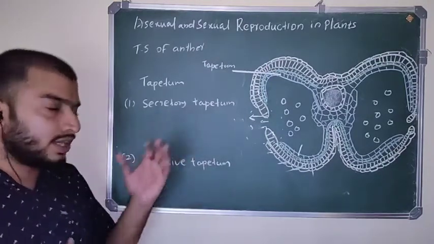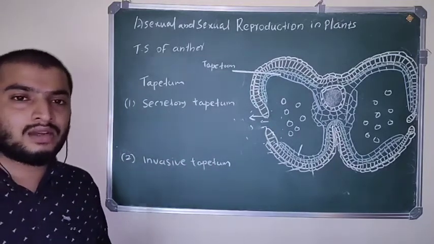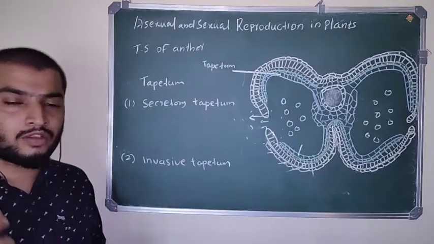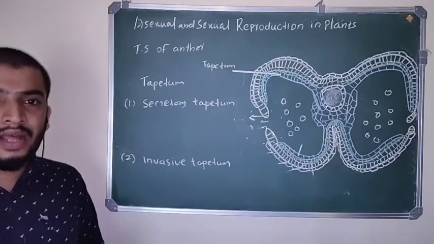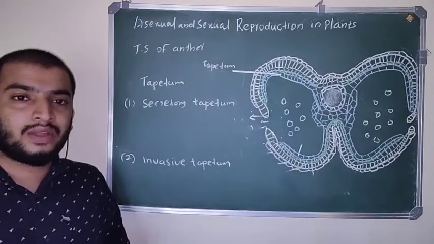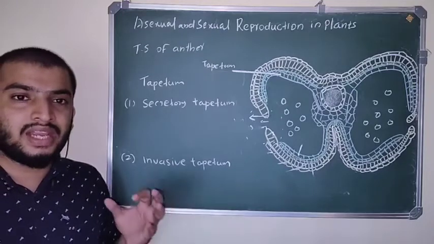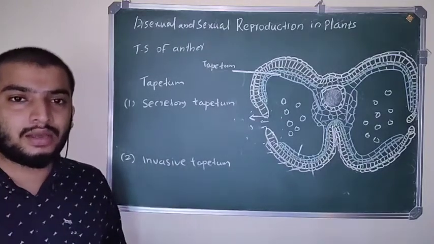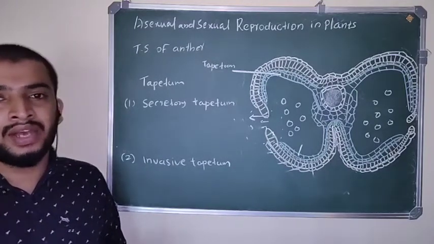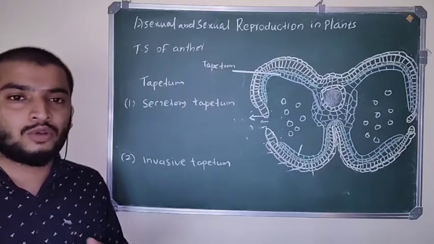In the case of secretory tapetum, they nourish the pollen grains, microspores and microspore mother cells while keeping their cell structure intact. They do not disintegrate. They maintain the integrity of the tapetum cells and nourish the microspores, pollen grains and microspore mother cells.